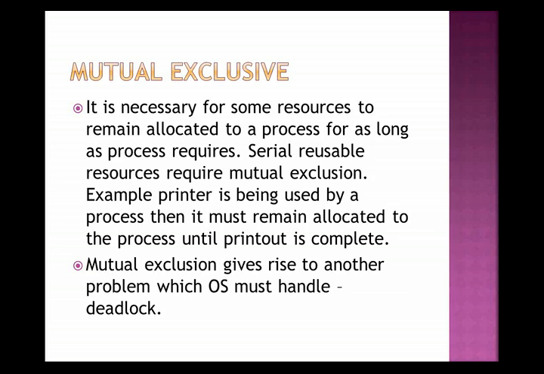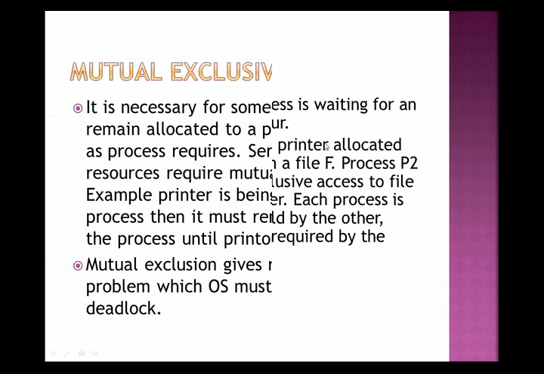Then we discussed mutual exclusion, that is, two different processes are separate from each other, mutually separate, which gives rise to a problem the operating system must handle, that is a deadlock.